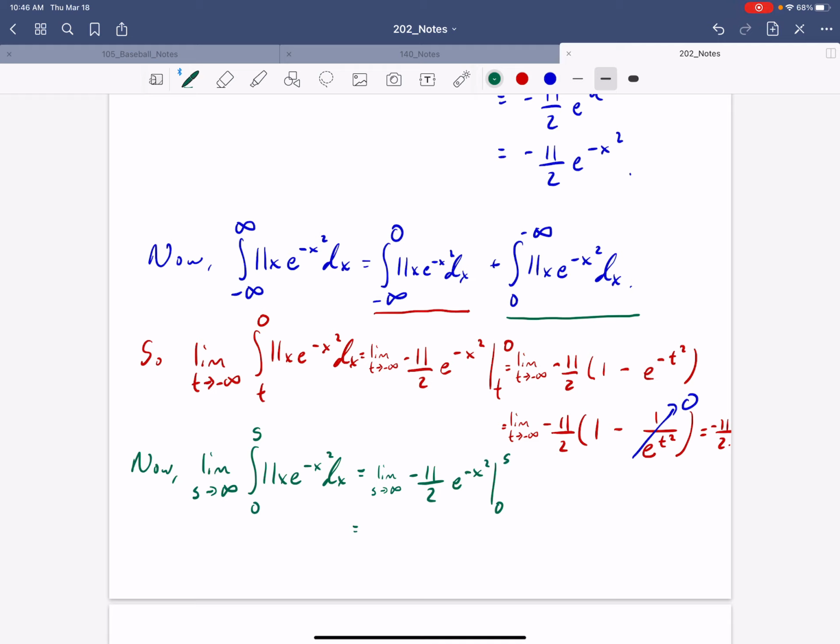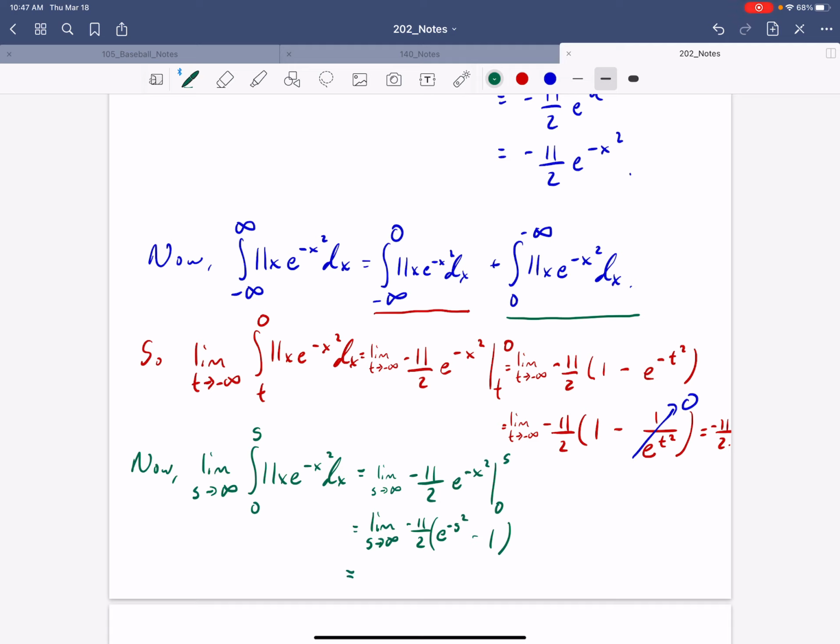Okay, and now we're going to get that this equals the limit as s approaches infinity of negative 11 halves times e to the negative s squared minus e to the negative 0 squared, minus 1. And again, we have to think about what that means. If you think about it, it's actually the same thing.